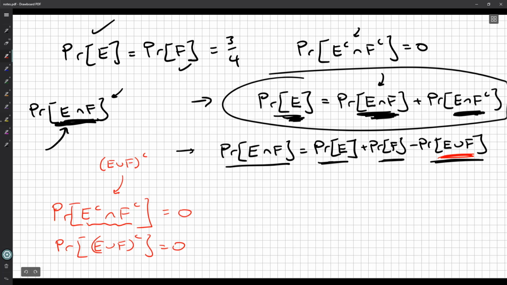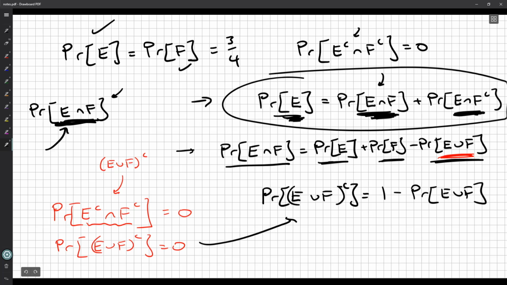I have the probability of its complement, but here's where we remember another formula. Probability of a complement is 1 minus the probability of the non-complemented thing. So I know that this is 0. 0 is 1 minus what? What do I take away from 1 to get 0? 1.